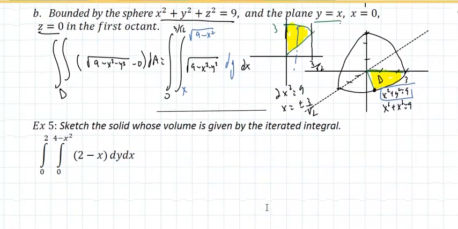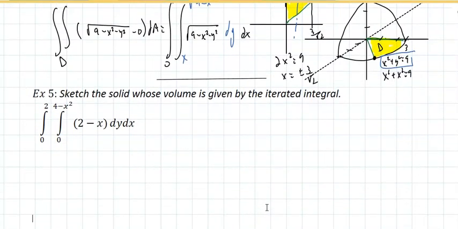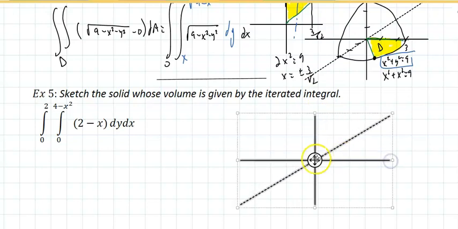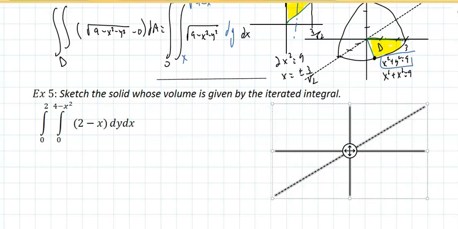Next problem. Sketch the graph of the solid. So we're looking at y running between y equals 0 and y equals 4 minus x squared, a graph that looks like this. 1, 2, 3, 4, except we're cutting x to run between 0 and 2.